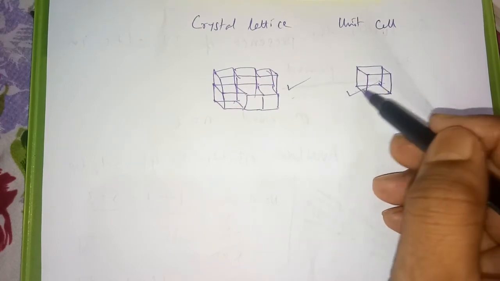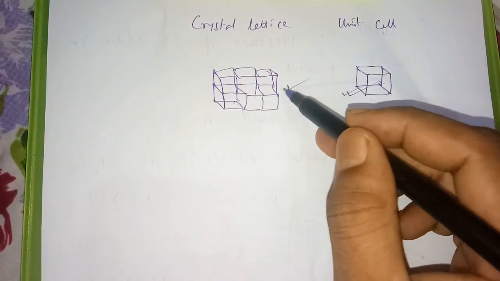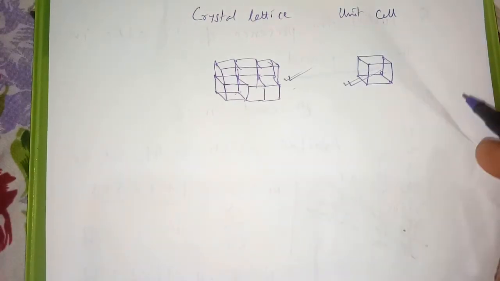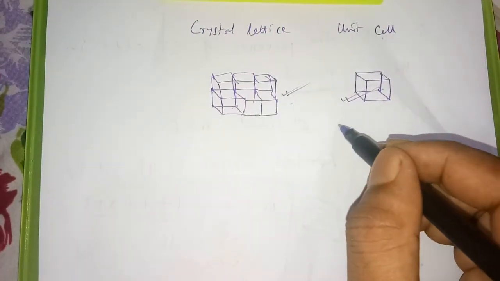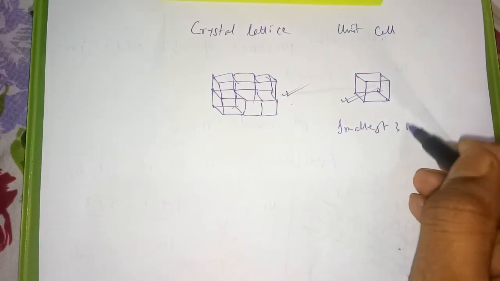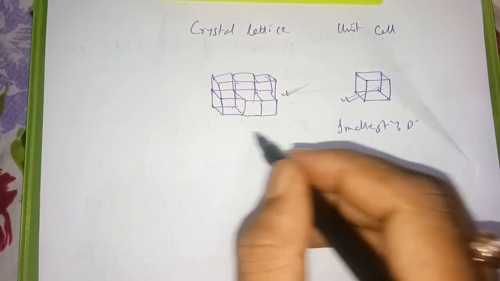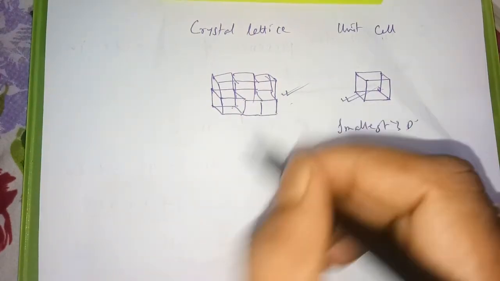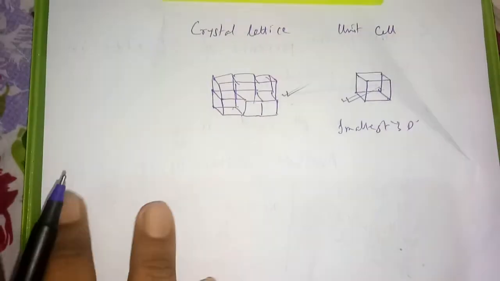So one box is your unit cell and lots of boxes together is what is called a crystal lattice in three-dimensional representation. A unit cell is the smallest three-dimensional representation, and if you arrange lots of unit cells together three-dimensionally, you are going to get the crystal lattice.